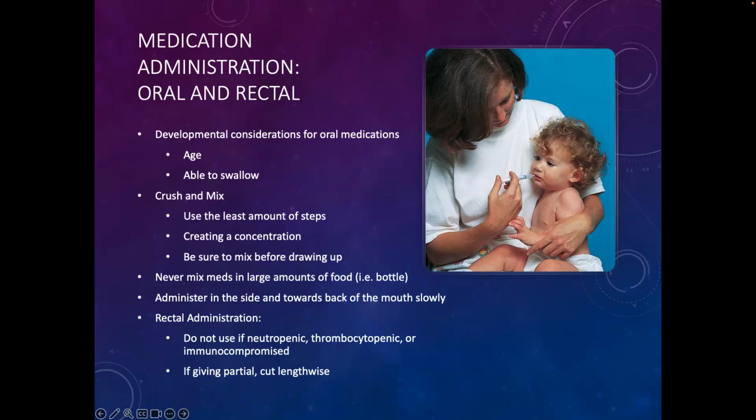When we do crush and mix, a lot of the time what we're doing is creating a concentration. We will be doing some of that in the med pass or the pediatric lab. All that means is that if you have a certain amount of medication in your hand, let's say a 10 milligram prednisone tablet, and the child can't take tablets, but that's all that you have, you're going to have to crush up that tablet and put it into water.